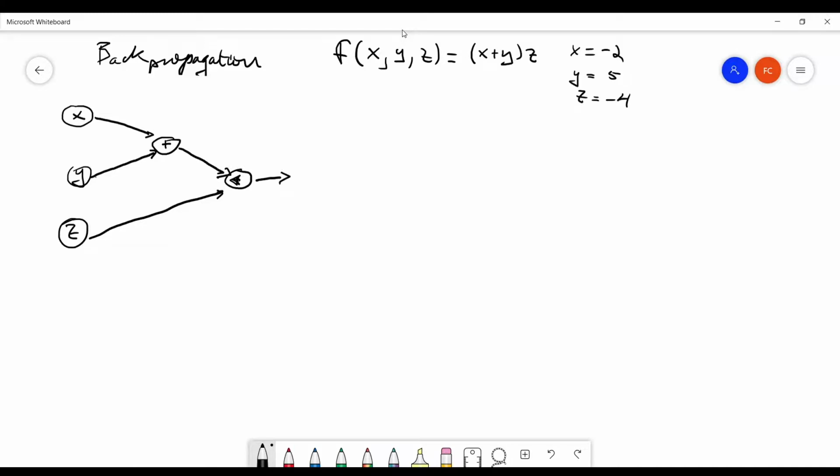The way to do this is you first propagate these initial values across the entire logic gate, and then you work your way backwards. The first thing is called the forward pass.